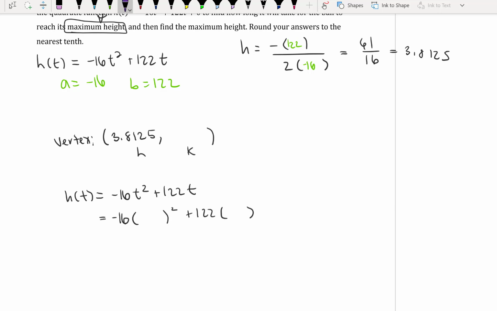So that h value that I'm plugging in is either the decimal or the fraction. It doesn't really matter. And just for now, to save room, I'll just put in the fraction, so I can plug it into my calculator very nicely.